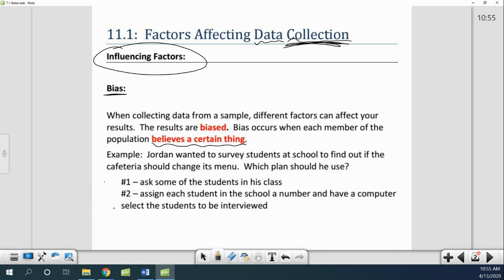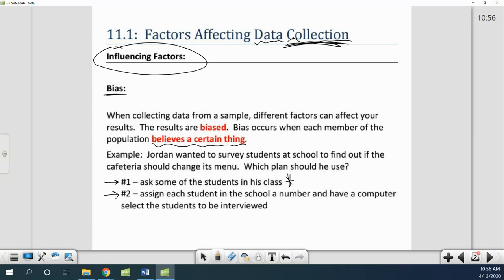So which of these is more likely to result in a sample where everyone believes the same thing? And so I would suggest number 1 is a bad idea. If you only ask the students in your class, what is the problem with that? Well, if they're in your class, they're all in the same grade. They're all likely in the same subject, depending on what grade he's in.